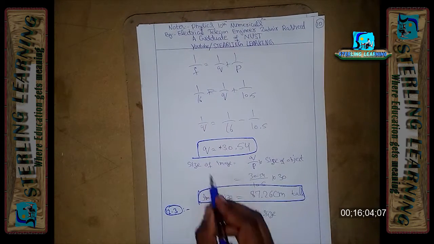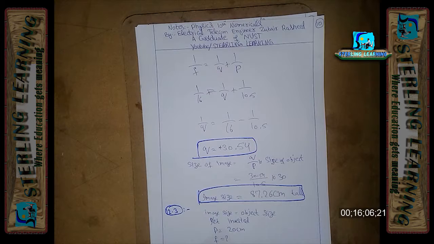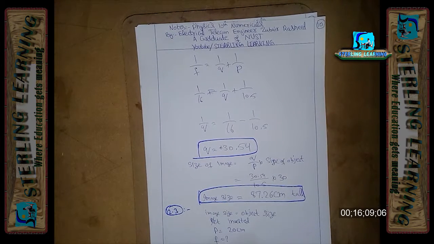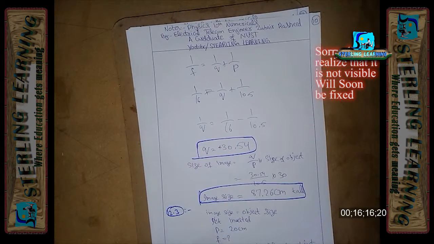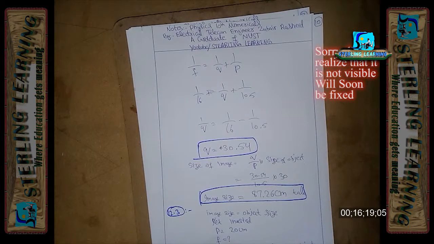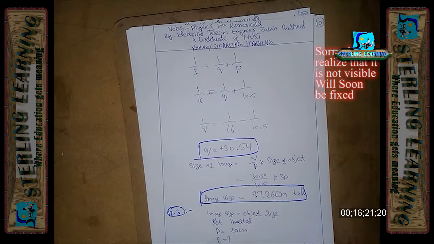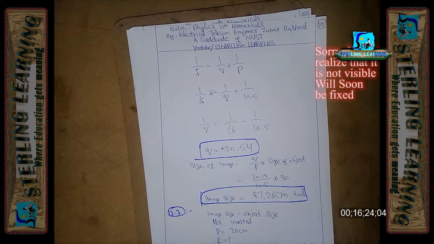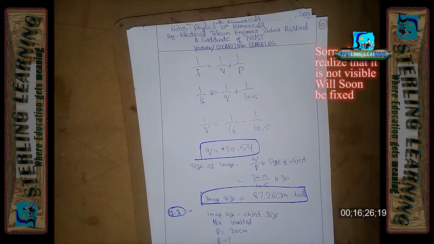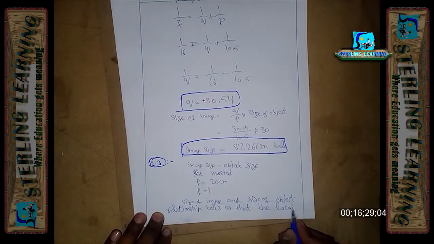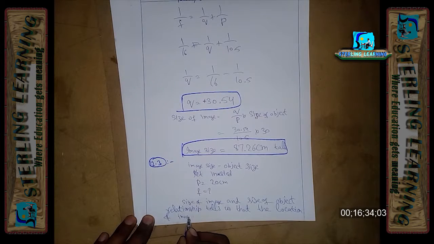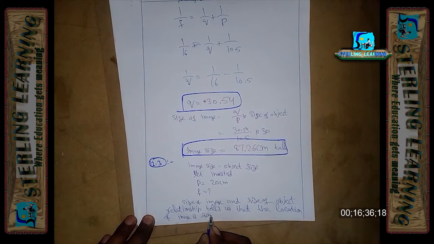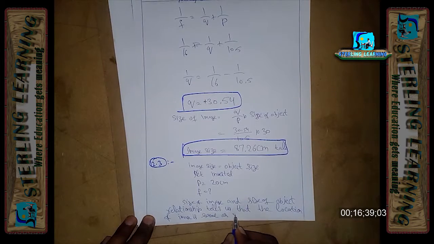From this formula, the relationship between size of image and size of object tells us that the location of the image is the same as the object.